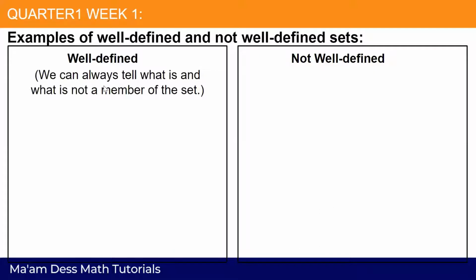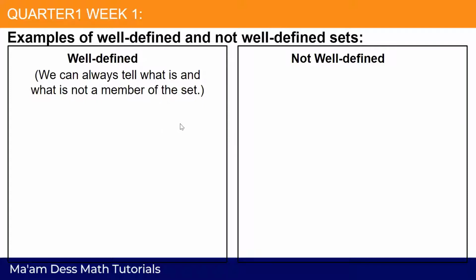We can always tell what is and what is not a member of the set. Like we have our learning task a while ago. So we can identify all the members, let's say the provinces of Region 4A. Right? Okay, so another one. So let's say those numbers greater than 8. So we can know the members of the set. So that is a well-defined set.